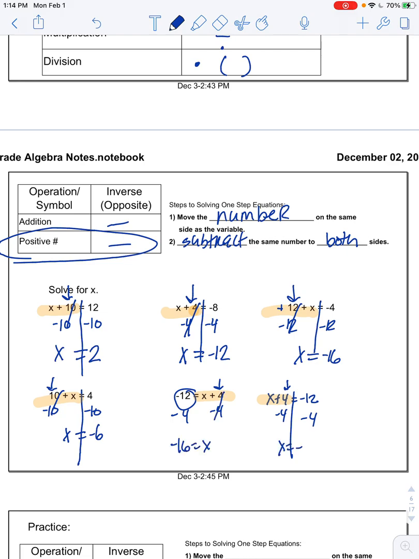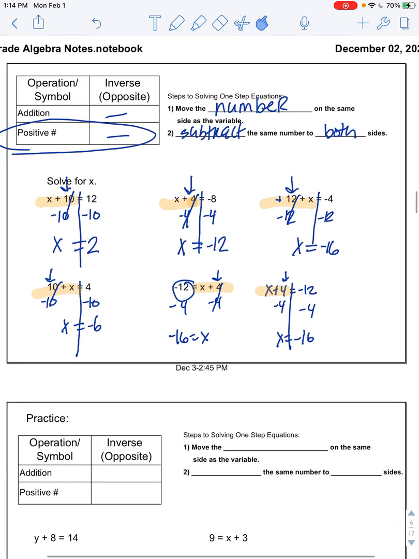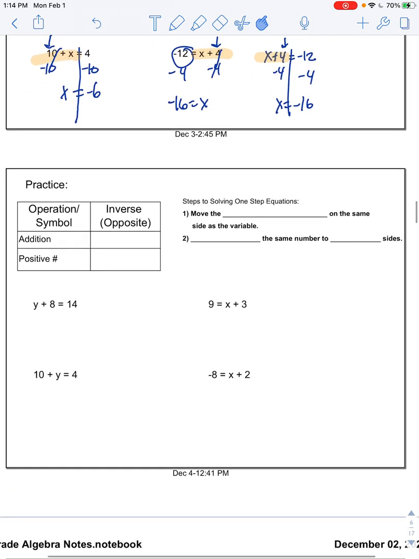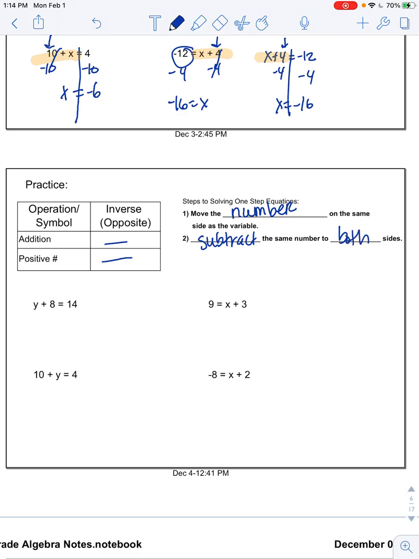So in every single one of these problems, we used subtraction to find our answer. You're going to go ahead and solve the practice ones the same way. The problem is addition, we subtract. When you're done, we will go over them.